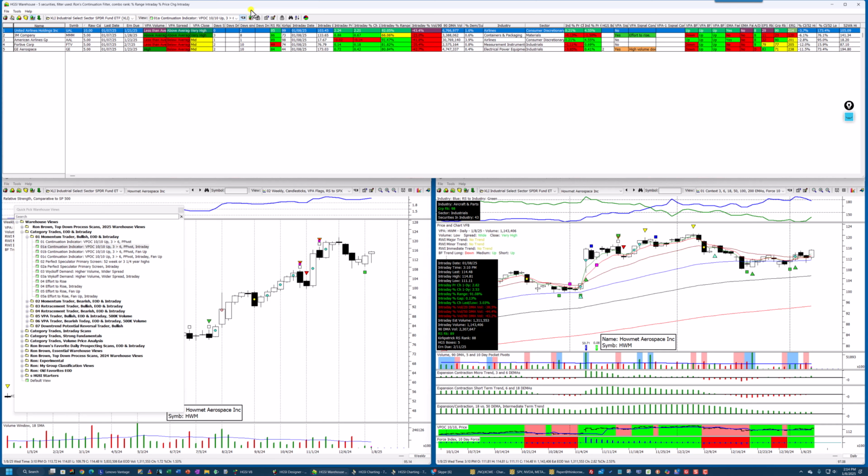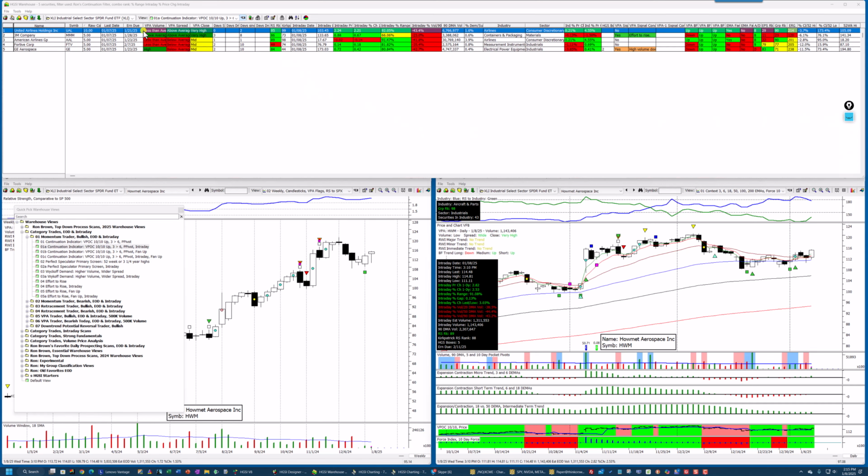Now if you look closely at this, you can see that there is red with the American Airlines group, and the reason it's not at the bottom is because the intraday range is so high. In this particular combo, it looks at both the range and the percentage price change. So high range and the price is pretty flat, so that's why it's here. But that really doesn't even matter because there's so few stocks in this list. There's only 5 of them.